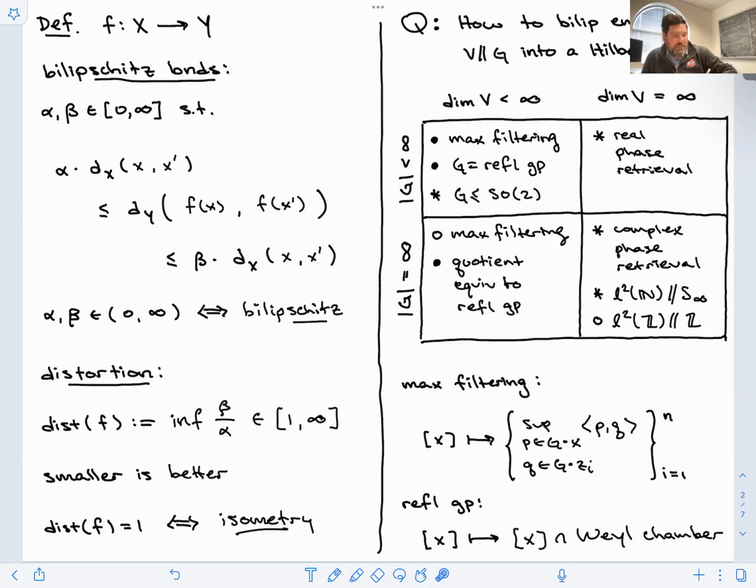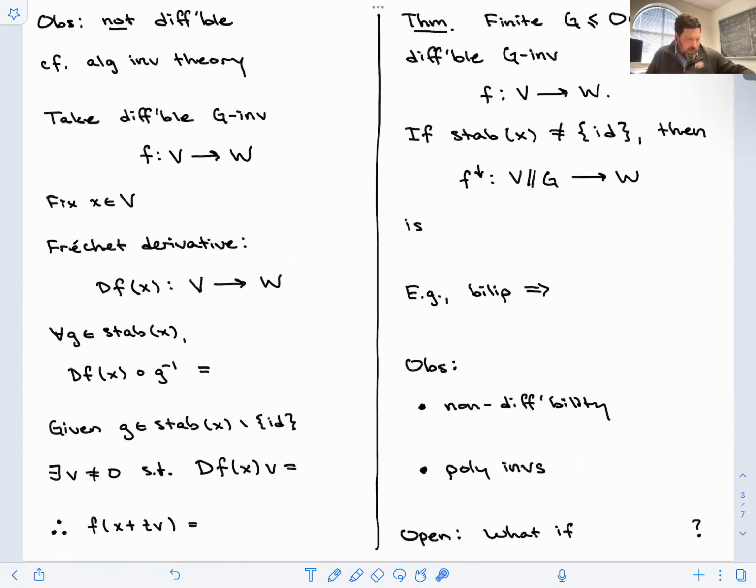Whenever x is such that there are multiple p's that achieve the maximum, you're going to have a kink in your function. Similarly, whenever x resides on or near the wall of your Weyl chamber, you're going to be in proximity to a kink. So you're not differentiable.